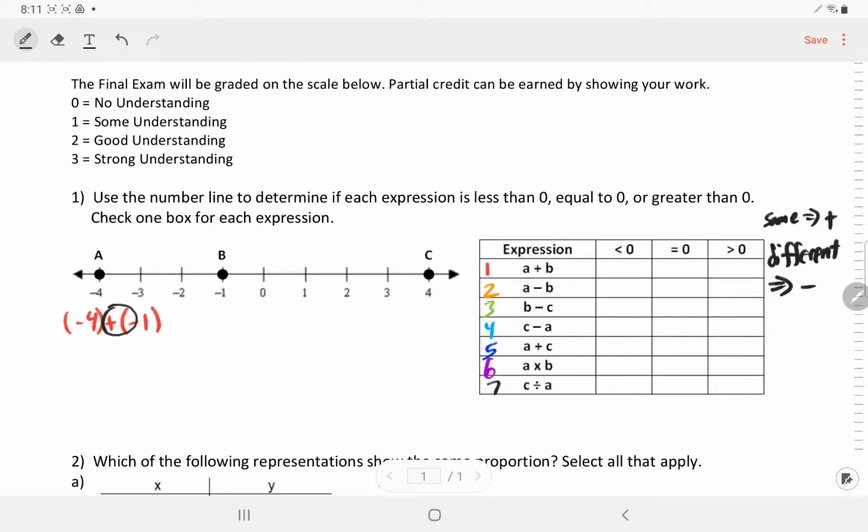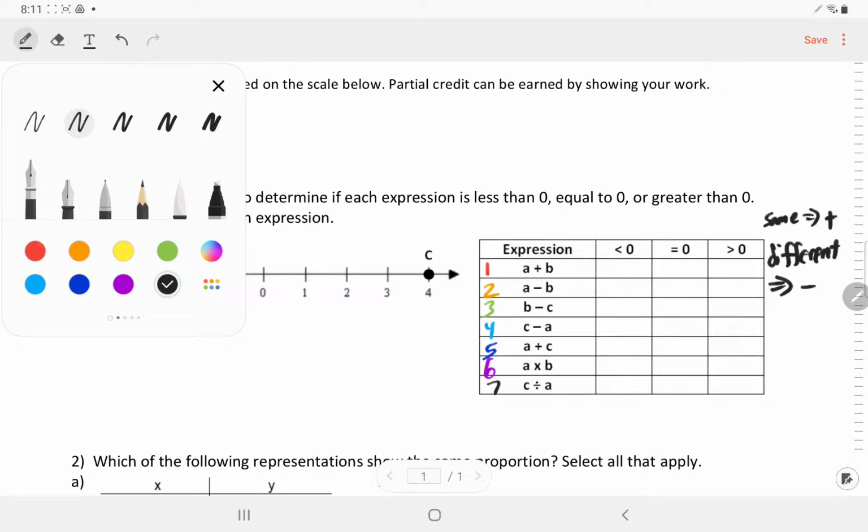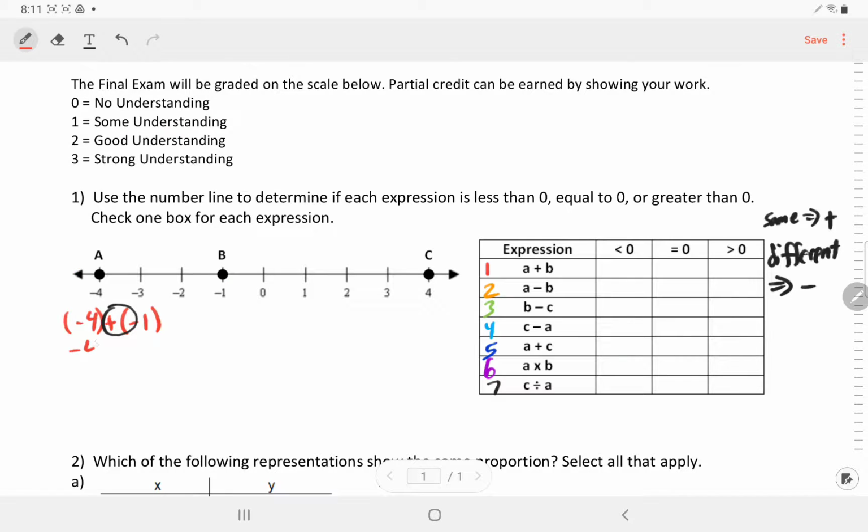So we have plus and a negative. So these two signs are different. Therefore, if we want to rewrite our problem, we will have negative 4 minus 1. And negative 4 minus 1 is going to equal negative 5.